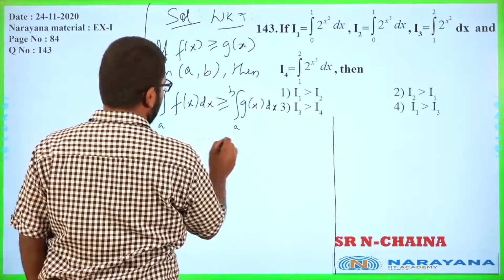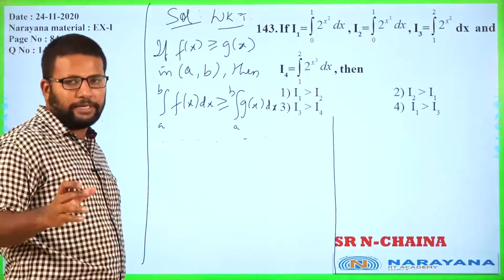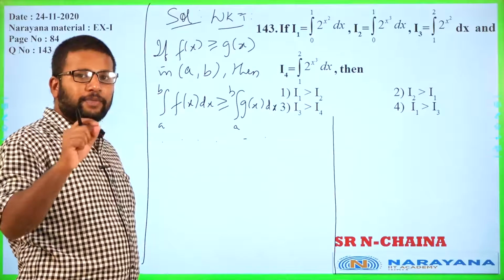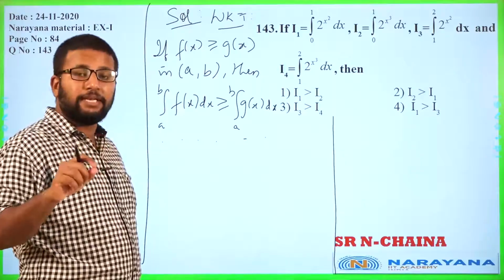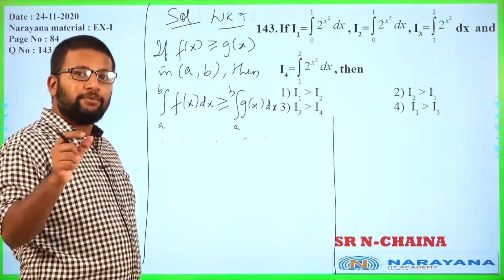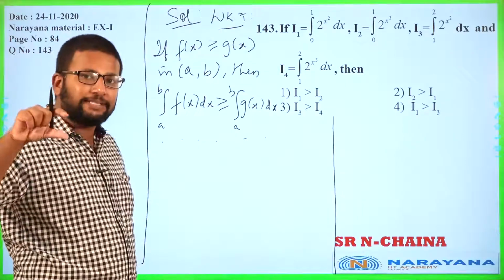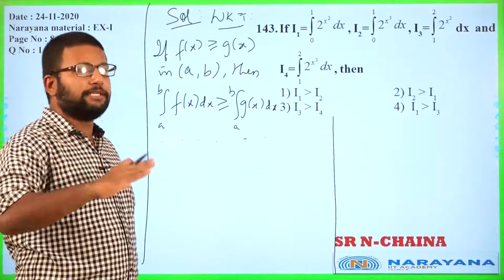Which means whenever you are trying to compare integrals, if the limits are same, then you ask whether the value of the integrand is different, and if the limits are different, then between those separate intervals you ask whether the value of the integrand itself, whether the function there is a difference between those.